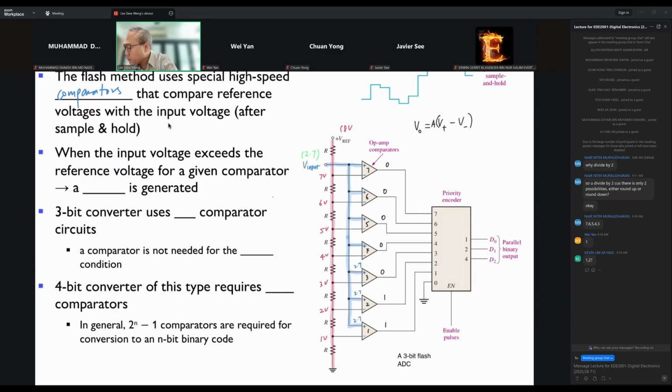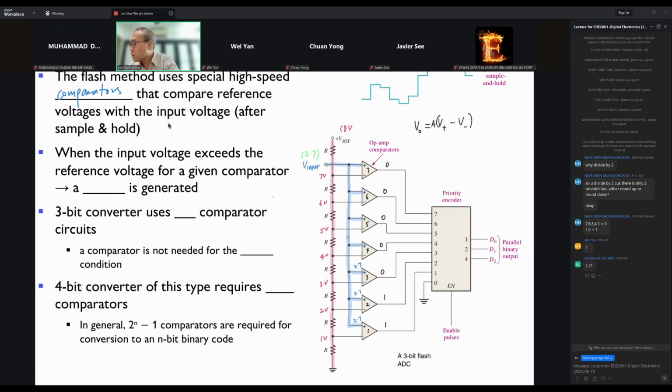If this is 2.7 volts, this is higher than the 1 volt, output will be high. And this is 2.7 volts, negative terminal is 2 volts, output high. 2.7 volts, this is 3 volts, output will be low because 2.7 is lower than the reference at this point. So you will get 0, 0, 0, 0, 0, 1, 1.